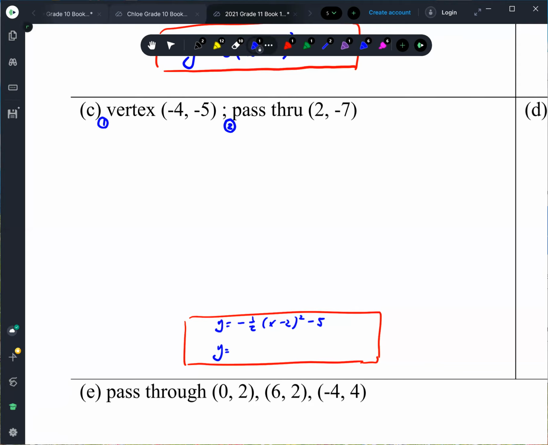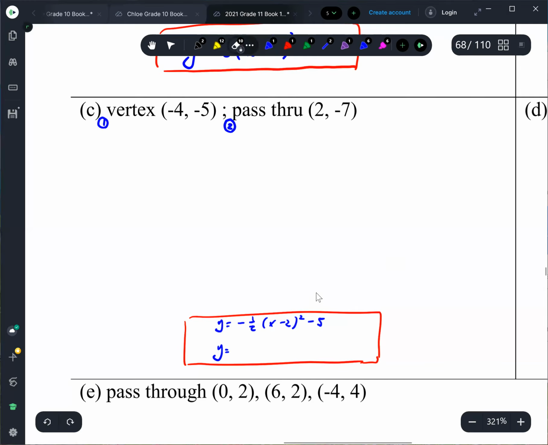Oh wait, I just realized my equation is probably wrong because I forgot about the vertex. Never mind. Okay, I'll take that away first. Anyone else? Henry? What do you have?